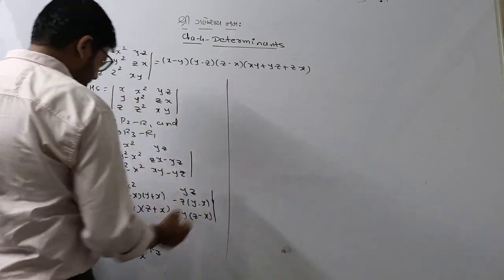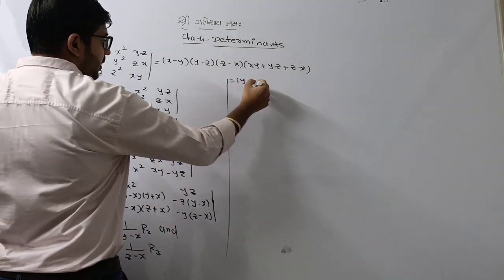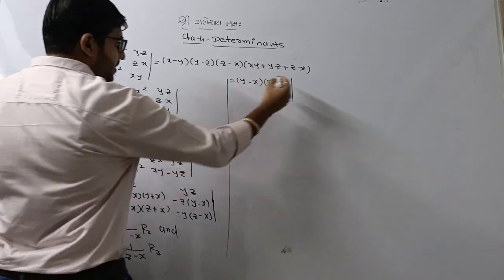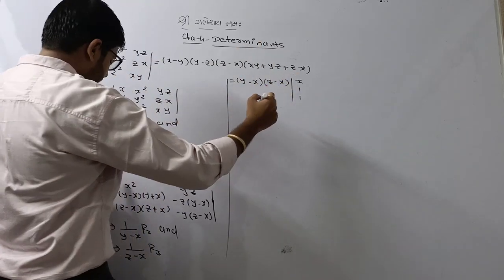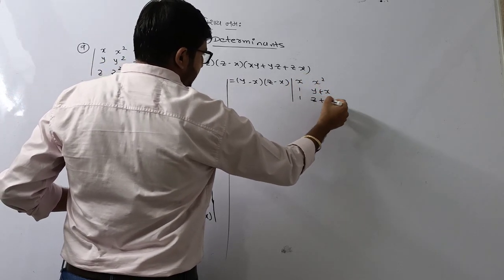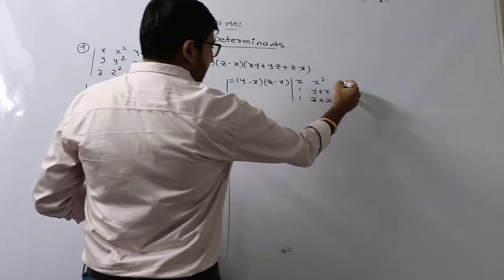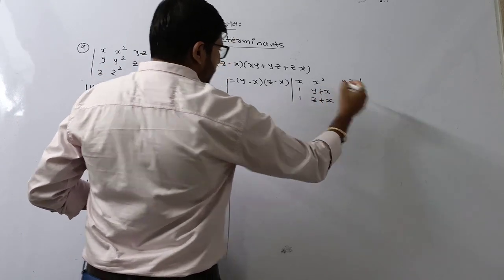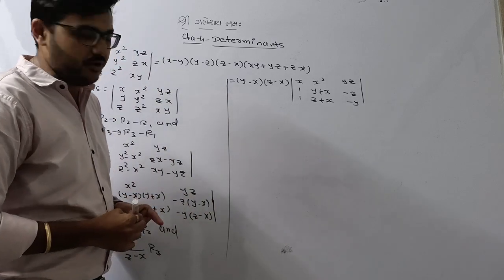So by using this, we can multiply with y minus x into z minus x. It's x, 1, 1; x square, y plus x, z plus x; and here it is yz, minus z, minus y. Hope you all understand this point.